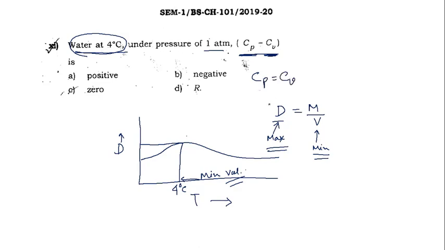Cp and Cv are equal for non-compressible substances. Not only water at 4 degrees centigrade, if it is a block of iron also, if you cannot compress it, then Cp minus Cv equals 0. That means this is the answer.